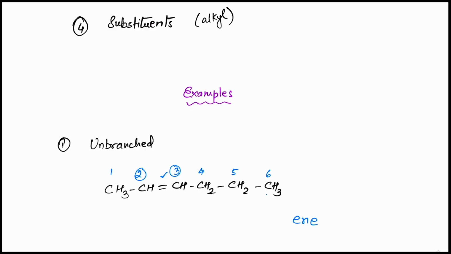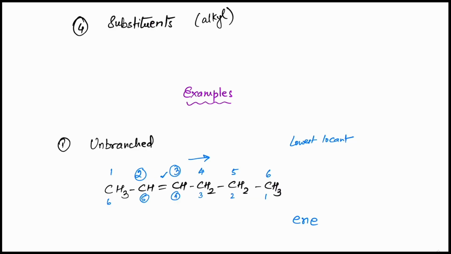If you number from right to left, the carbon-carbon double bond will be present between carbon atom 4 and carbon atom 5. So which one will we pick? We will use the lowest locant rule, and so we will number from left to right.